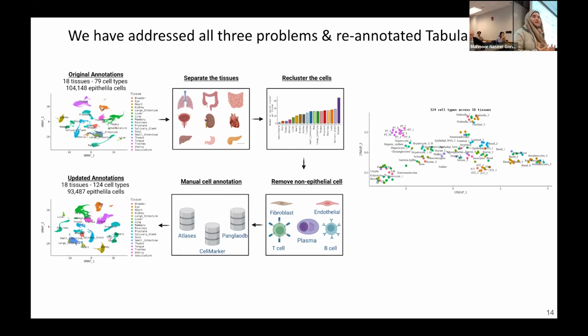Some of the cell types are actually rare, so they're hard to identify. Tabula Sapiens used an automatic cell type labeling tool in which they ran this tool and it automatically gave you, okay, this might be this cell type or this might be this cell type. They did not go in detail about how to annotate some cell types which are rare. They might be small in numbers, but they exist.